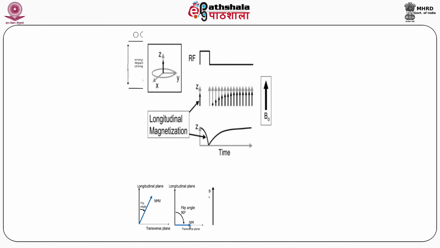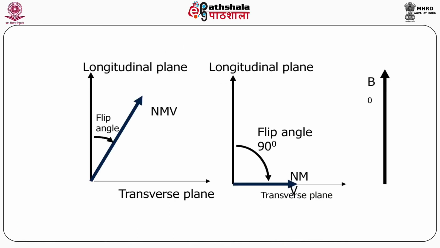You can see in the figure the net magnetization is flipping up towards the XY plane. That gives transverse magnetization perpendicular to the magnetic field. The rotation angle, also known as the flip angle, depends upon the RF pulse strength and its orientation. You can see the hydrogen nuclei are flipped to the XY plane, and this causes transverse magnetization on applying the RF pulse.